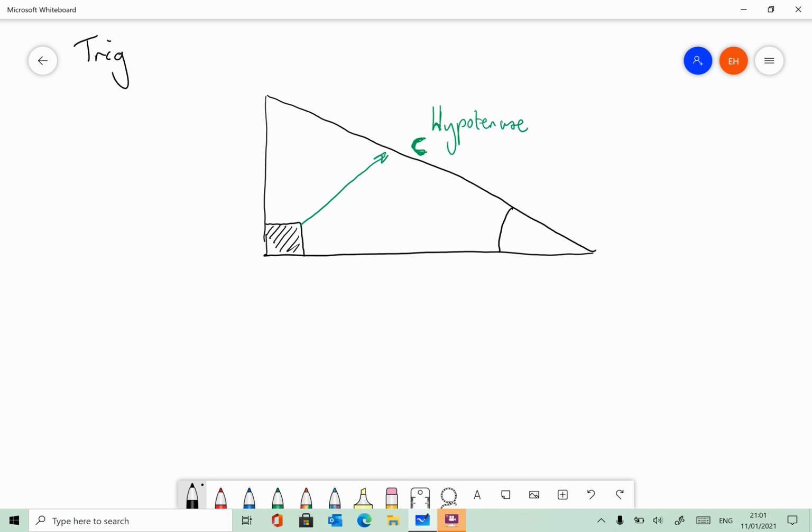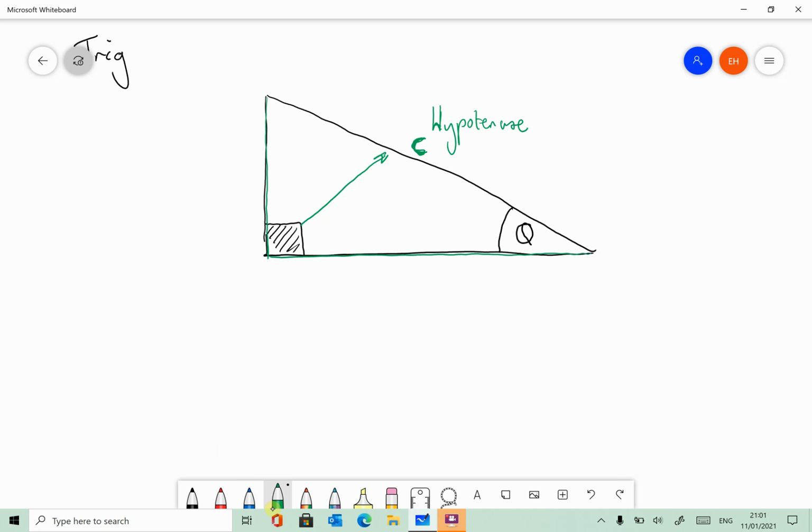And this is a very weird letter because it's not an English letter, it's a Greek letter, and it's called theta. Okay, so our theta is down there in the bottom right hand of our triangle. Now, we need to give these two other sides names. We need to name this guy over here, and we also need to name this guy over here.